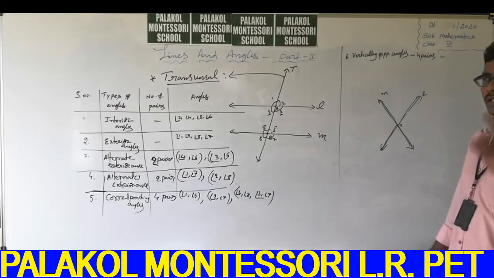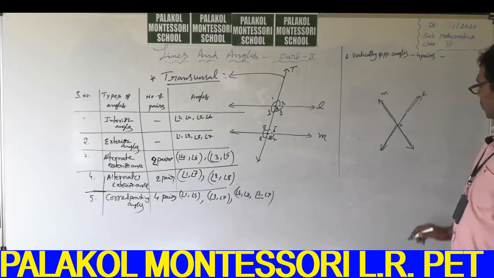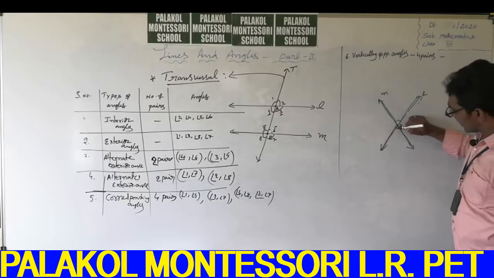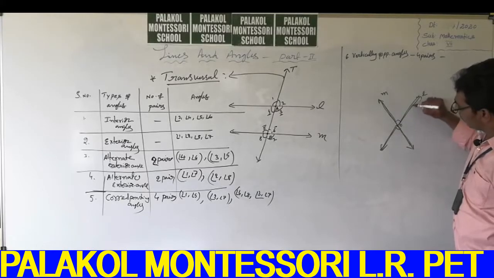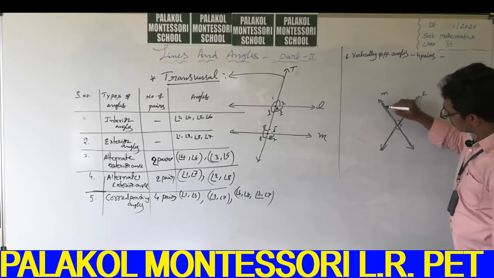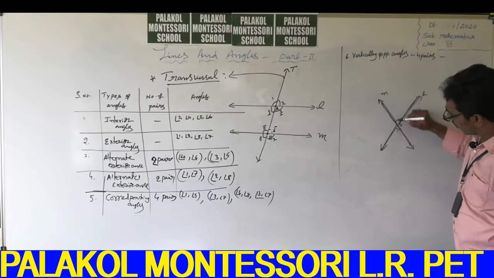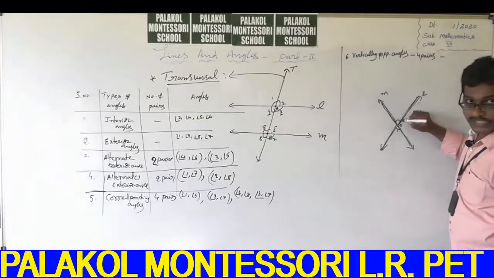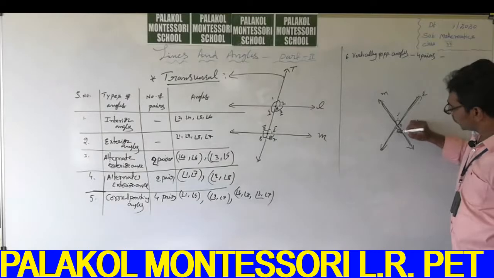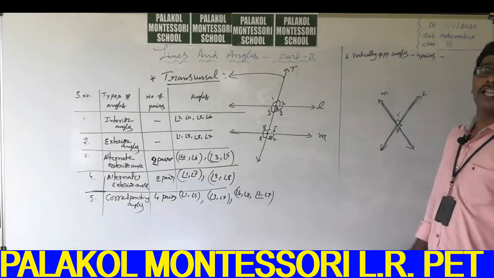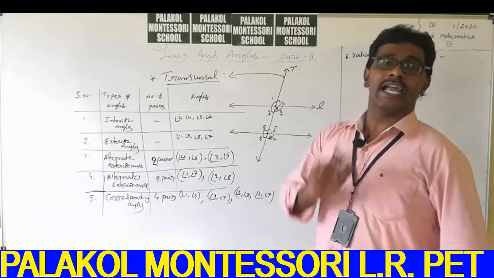So it forms these angles. These angles are called vertical angles. This angle and this angle are opposite, and the two angles are equal. That type of angles are called vertically opposite angles.